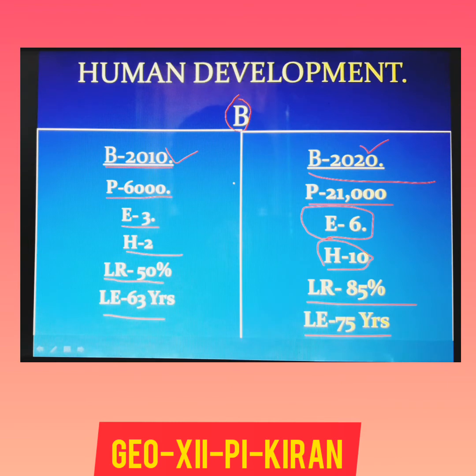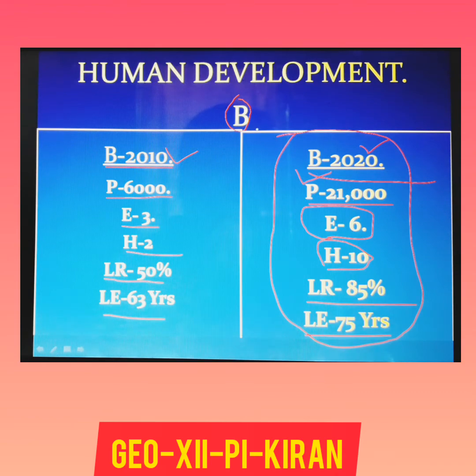A lot of qualitative changes in the society. Human development has taken place in place B. Okay, we can see here a lot of changes along with the increase in population.